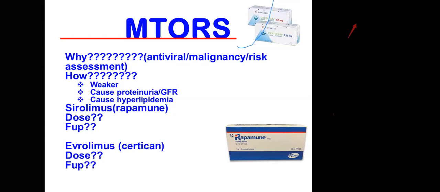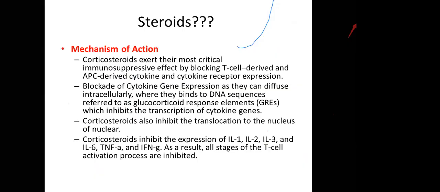We have the immunosuppression, and the immunosuppression, as we know, the cornerstone is steroids. Steroids are the main cornerstone in the treatment of immunosuppression because they affect the whole signals.